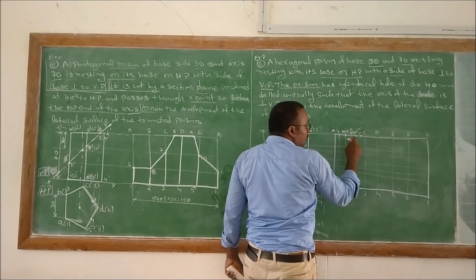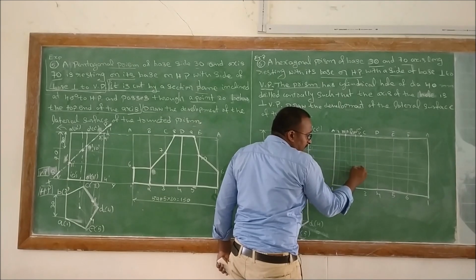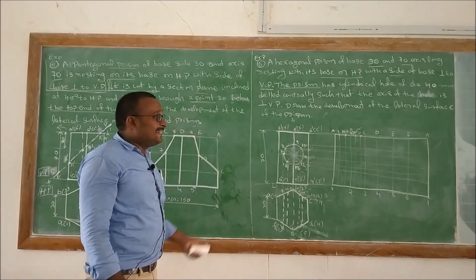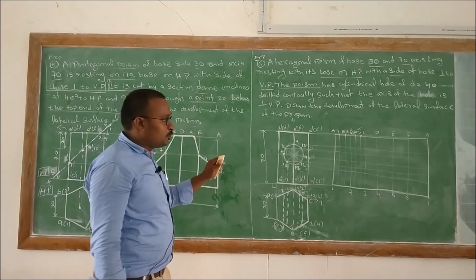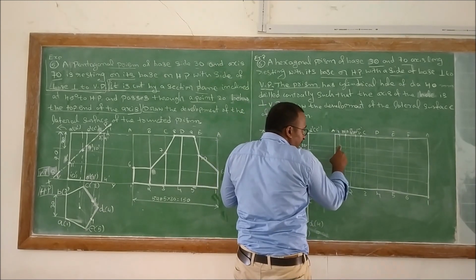So here are the total points where we need to develop, and then draw the vertical lines from those points. Now we need to mark the intersecting points between those two. Here it is 7 and 7.